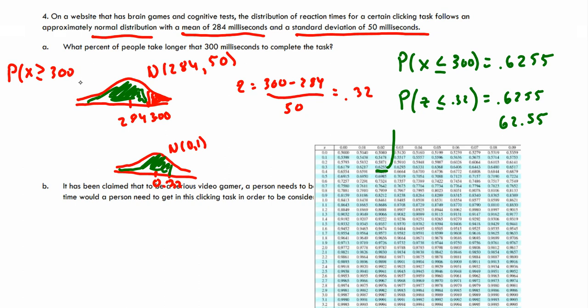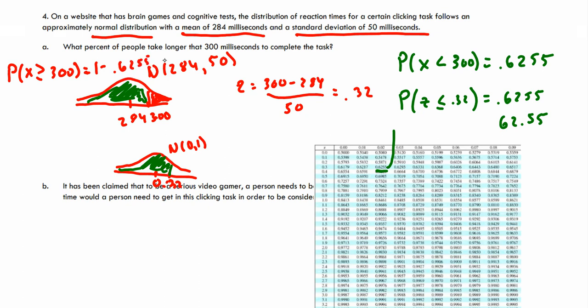Because this is a percentile, and it doesn't really matter whether we include the equal sign since it's just a line, we can take 1 minus 0.6255.